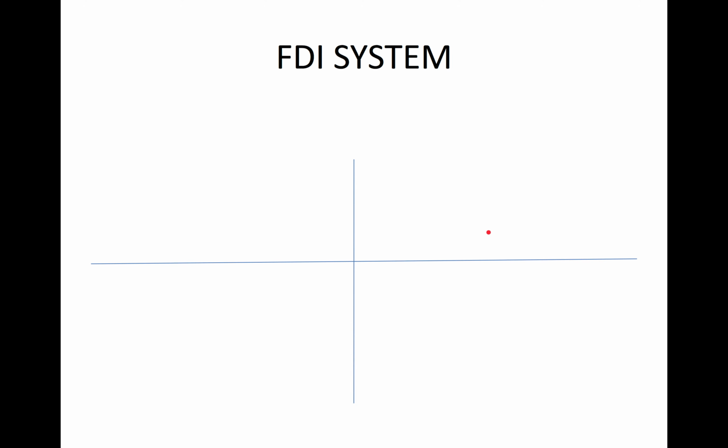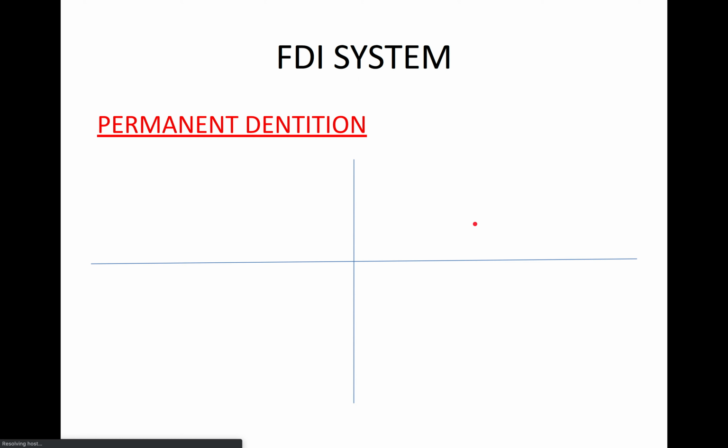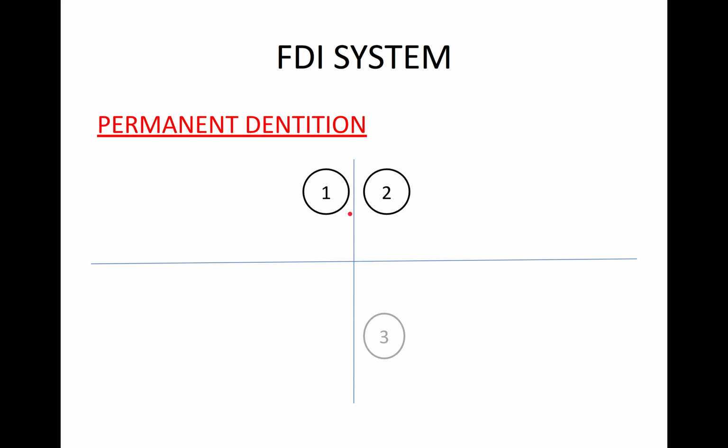Now the FDI system has different numbers for deciduous dentition and permanent dentition. Now I am discussing permanent dentition. In permanent dentition we name each quadrant as 1, 2, 3, 4. Each quadrant has its own number.